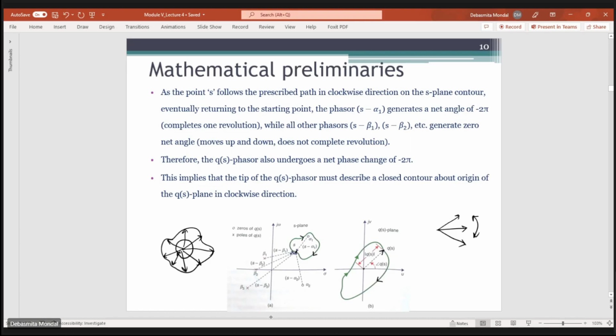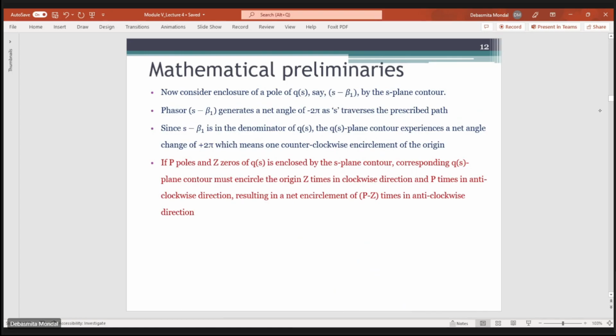In case of a pole also, let's say this pole is beta 1, this phasor S minus beta 1 would encounter a net phase angle change of -2 pi. But in this case, the moment we map this contour into the QS plane, this S minus beta 1 is present in the denominator.